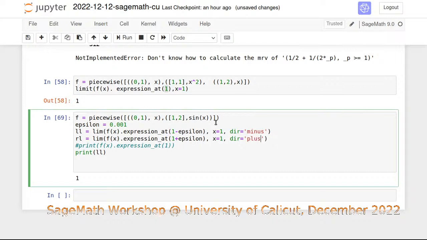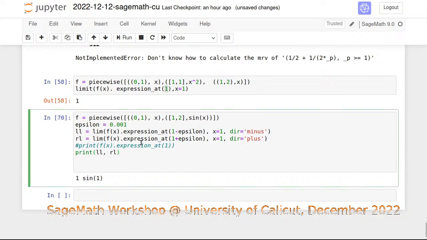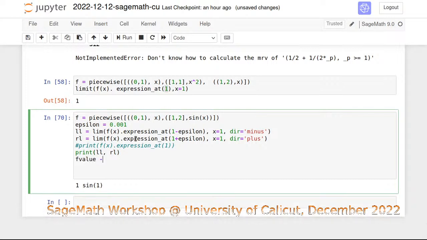plus RL. So sin. And the function value also we can evaluate. F value, once again expression at, okay, let me just see once again.